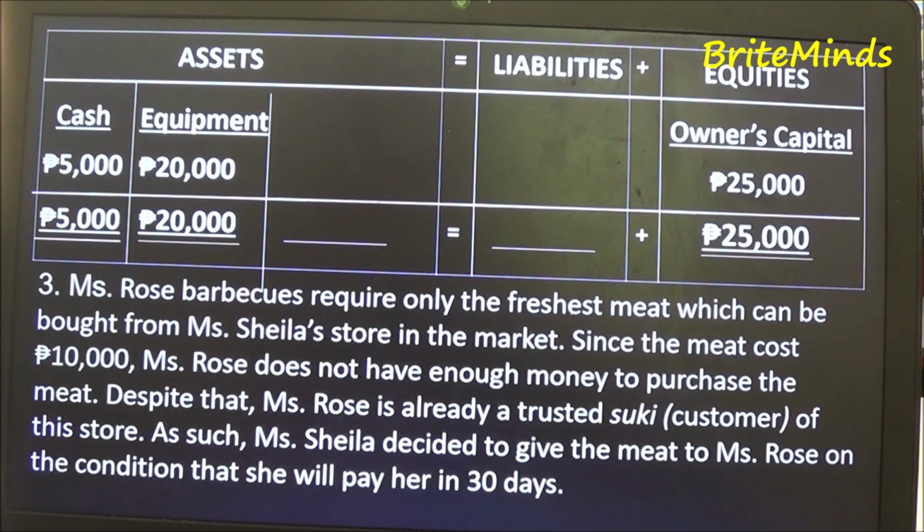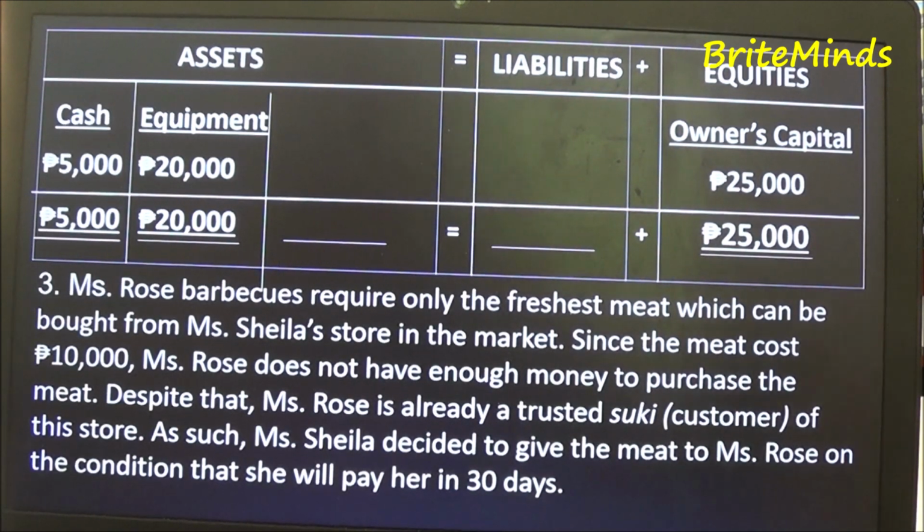Okay, so how are we going to identify the meat? In the accounting equation, the meat represents the inventory, or inventories.